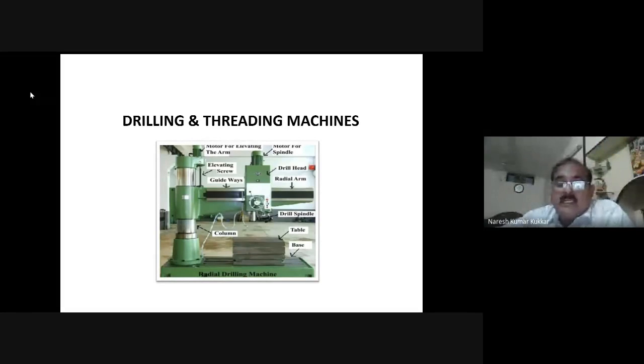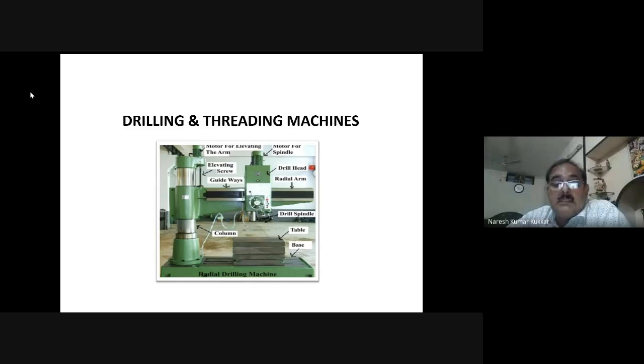We will discuss various processes, but they also have these tools, because sometimes they need these tools for a specific job. So identification of these machine tools must be there. When you come across such a machine, you must be able to know that this machine looks like this.